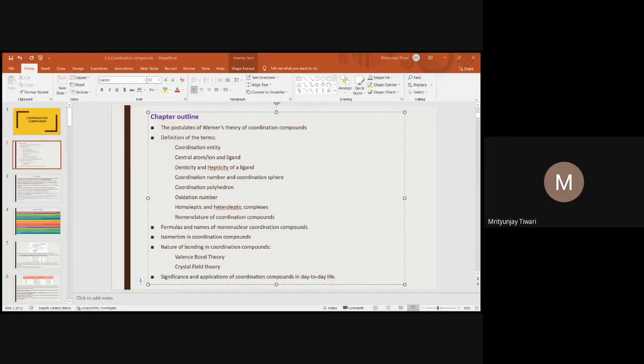In the series of compounds of cobalt(III) chloride with ammonia, it was found that only some of the chloride ions could be precipitated as AgCl by adding excess silver nitrate solution in the cold. This experiment was actually done by Werner, and based on that he came to all the postulates that he has given.